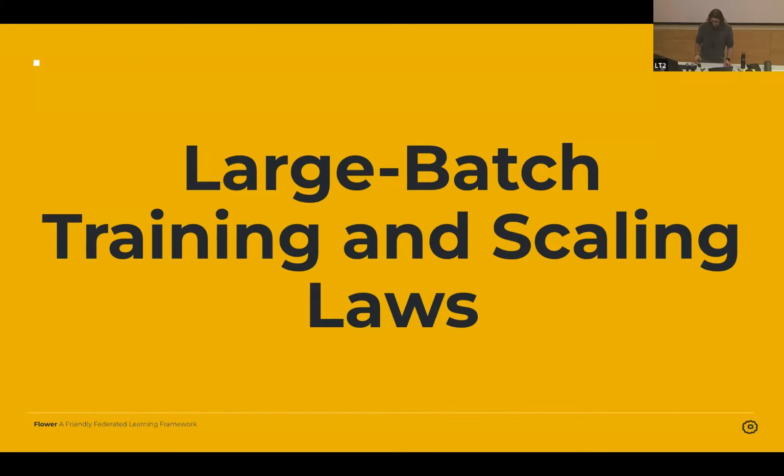Okay, now in this part of the presentation, what I'd like to put our focus on is all the work related to large batch training and going towards scaling laws for large language models. So why are these important, why do these exist, and why do we care about them?